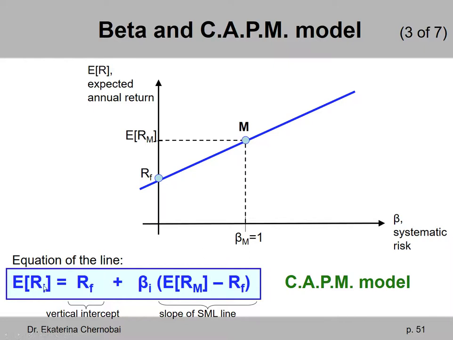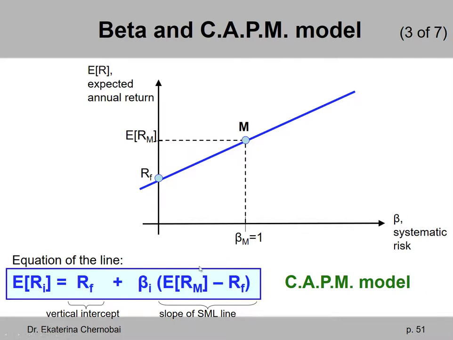So let's say stock i. The expected return on stock i equals, so what's the equation for a straight line? Vertical intercept, that's the risk-free rate, plus the slope multiplied by the beta, right?